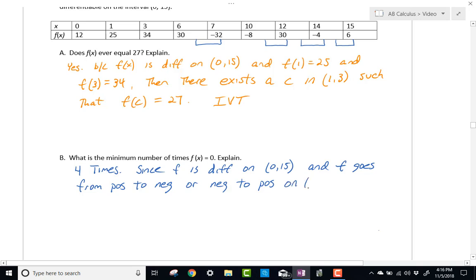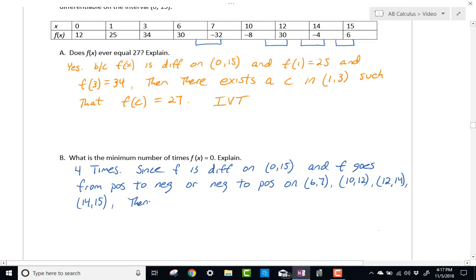And so we're going to list them: 6 to 7, 10 to 12, and 12 to 14, and 14 to 15. Okay, so we're either going positive to negative, or negative to positive on those.